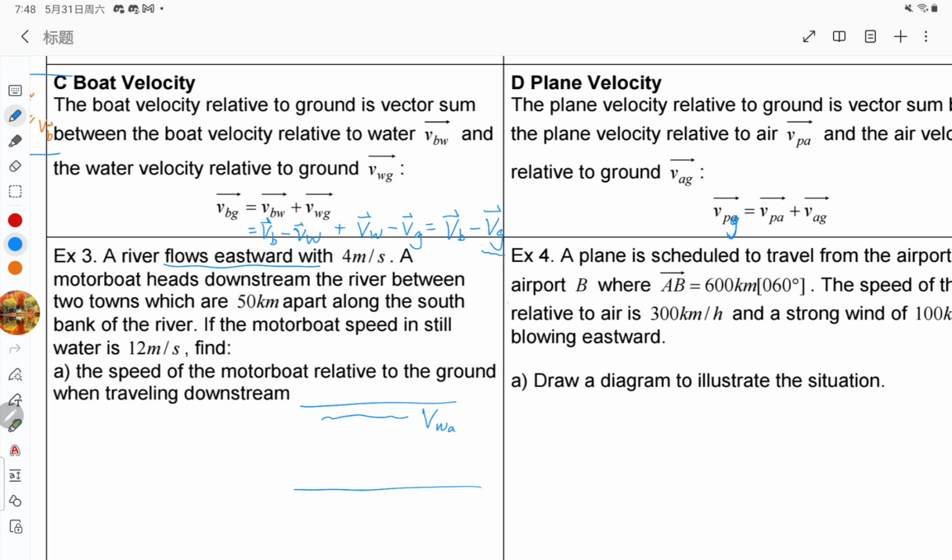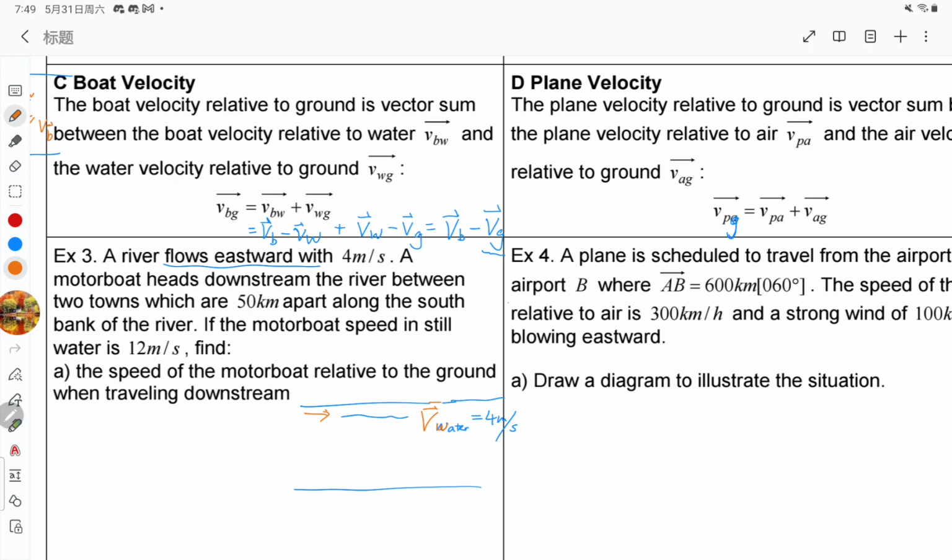I'll just say v water, vw is v water, is 4 meters, blah blah. So the water flows, and the motor has, I'll just say a direction here, right? You can also draw a picture on your own pad just to perceive the story.